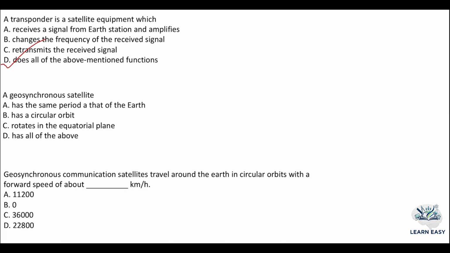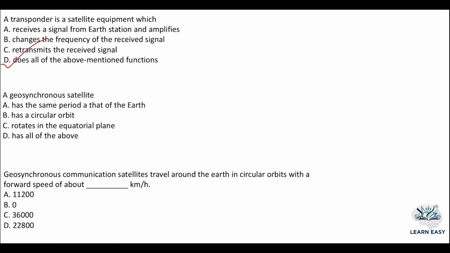Now next question. A geosynchronous satellite: option A, has the same period as that of the Earth. Option B, has a circular orbit. Option C, rotates in the equatorial plane. Option D, has all of the above. We know that geosynchronous satellites have the same period as that of the Earth, that is 24 hours, have a circular orbit, and rotate in the equatorial plane.